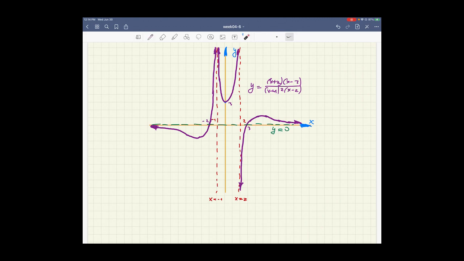Note that our knowledge of the behavior near vertical asymptotes was particularly helpful.